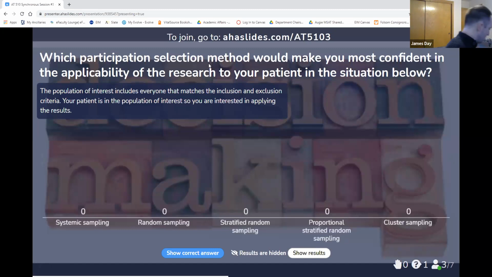Hey, buddy. What is most accurate for identifying your population of interest if your participant includes everything within there?